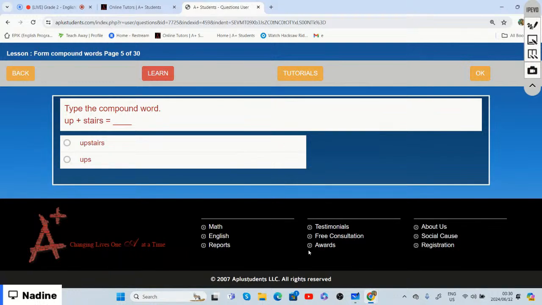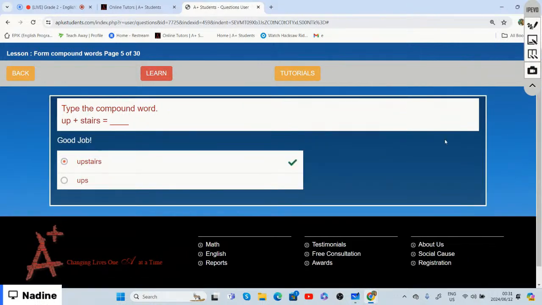All right, so up plus stairs, the compound words up plus stairs, we would say it is upstairs. So well done, upstairs. And remember, when we write our compound words, it needs to be written as one word, like the example over here, upstairs. So well done. Upstairs is correct.